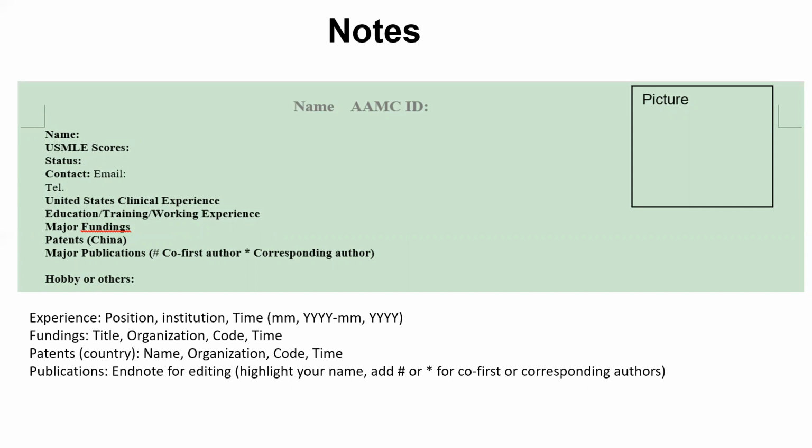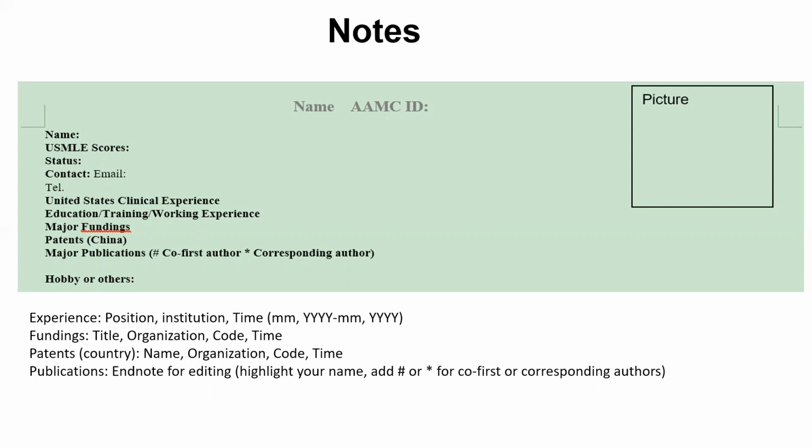It's pretty standard: put your name as the first line. Here's something different: the USMLE score is very important for the application, so I put it in the second line. For status, you can mention if you are a green card holder, because that can give you an extra bonus for the application.